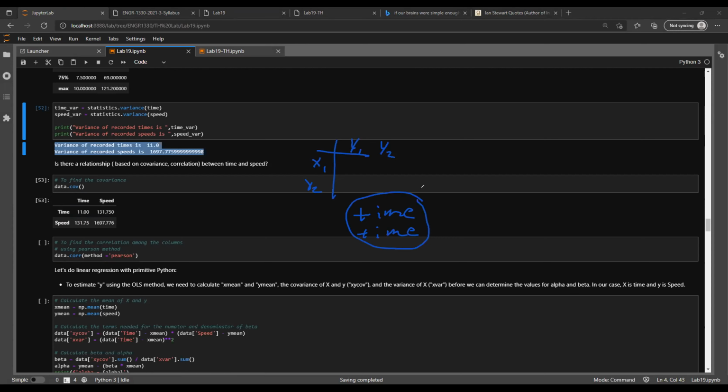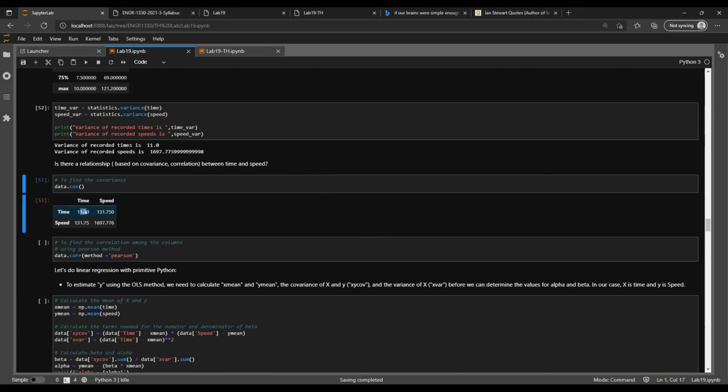It's the variance of itself. A random variable's covariance is its own variance. So that's why when we plug in our covariance formula for time and time, we get the variance for time. And why we have the same thing for speed.